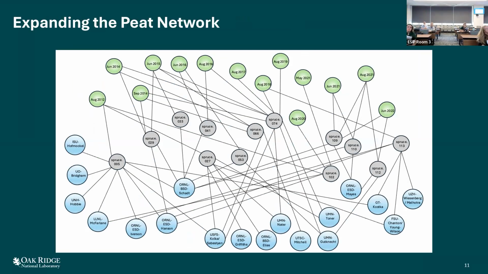So if we zoom out from one collection event to all of the collection events as of a couple years ago, this is what we get. Our green dots indicate the actual collection events, which are the physical samples, the samples in the collection, and how they were analyzed. The gray represents the data sets, just indicated by numbers, to show the connections between where these individual samples are cited in different data sets.